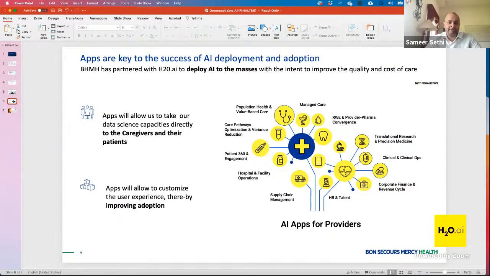I think this is a game changer for us. We believe that the H2O team, their capabilities, their platforms, and their way of thinking through data science and an AI problem will improve our speed to market, which will in turn allow us to start to deliver impact in a meaningful and efficient manner.